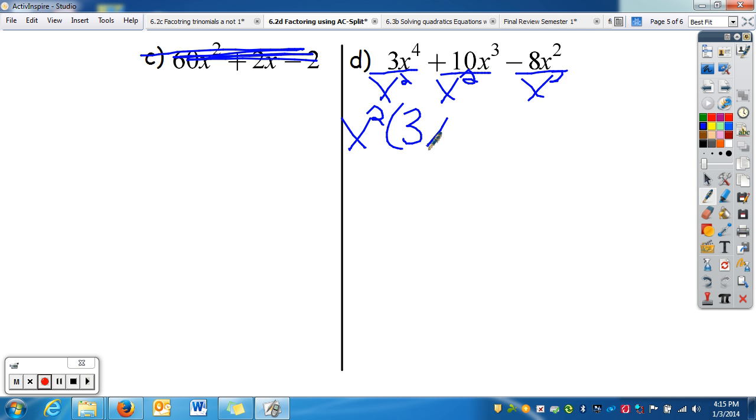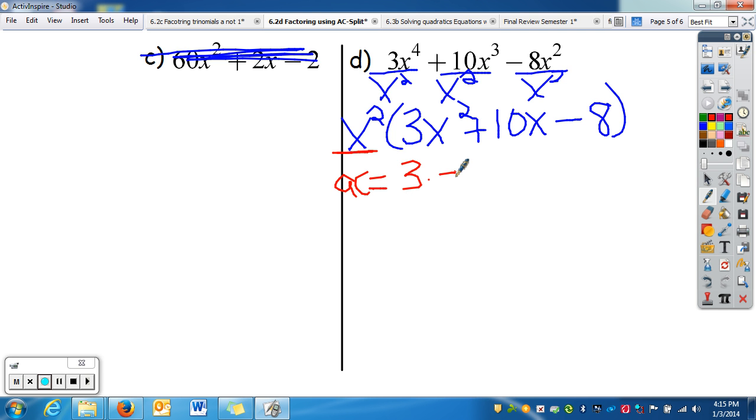And then I rewrite what I have. Alright. So then from here, I find my AC. Now this just drags along. It's just like a little brother and sister. It just hangs out there. We don't touch it. So we have 3 times negative 8, which is negative 24.